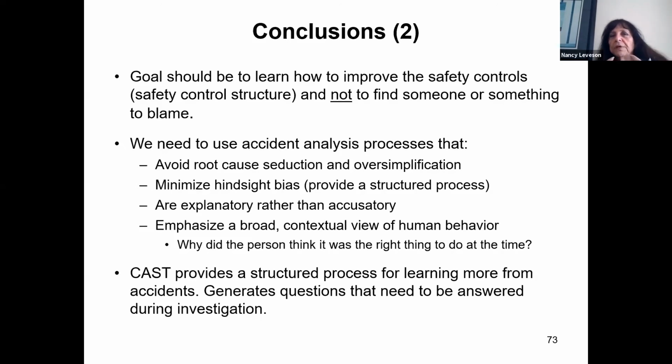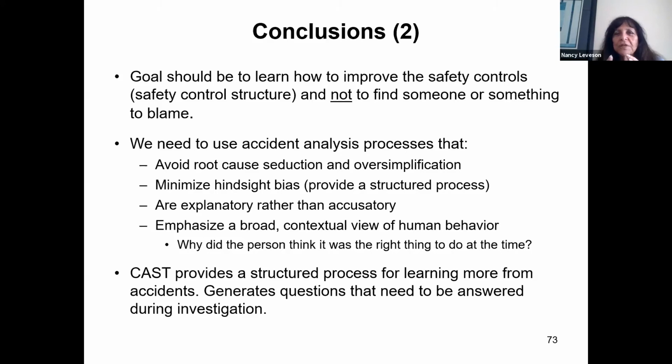The goal should be instead to learn how to improve the safety control structure, and not to find someone or something to blame. Leave that to the courts. Leave that to the lawyers, not our problem. Our problem is to prevent accidents in the future.